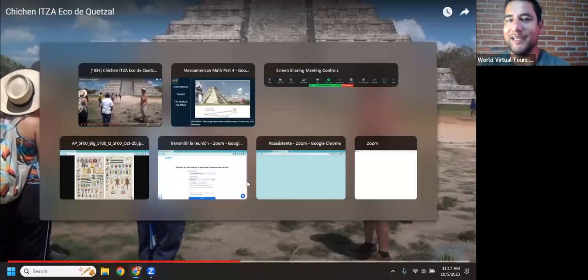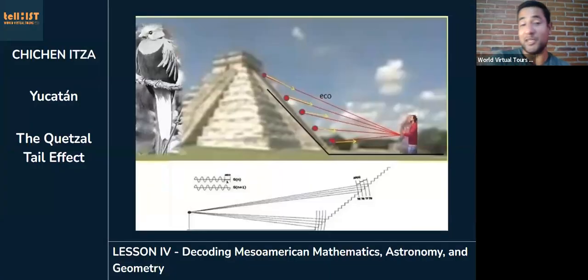Okay, so we could think that this is just a coincidence, but the thing is that this was created and also existed in other, not only Maya and Toltec, but in many other cities. Even there in Cañada de la Virgen, the archaeological site that we spoke most about last class, that's one other place.